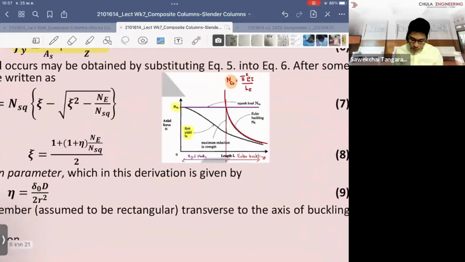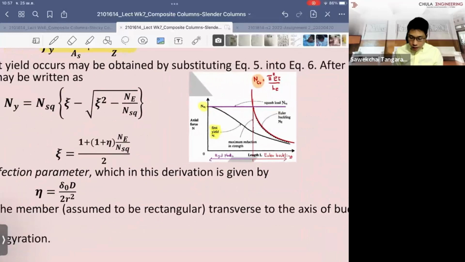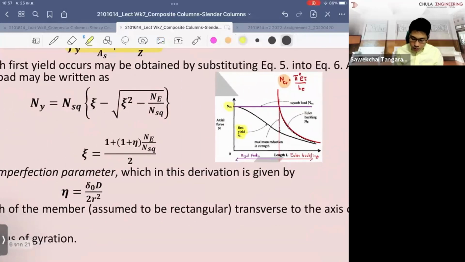If you look at these equations, what you can notice is that it's based on a fraction of the squash load. The squash load is the line here. And it has some factors. The factor has been written in the bracket as a ratio of NE over N squash load, and the epsilon.